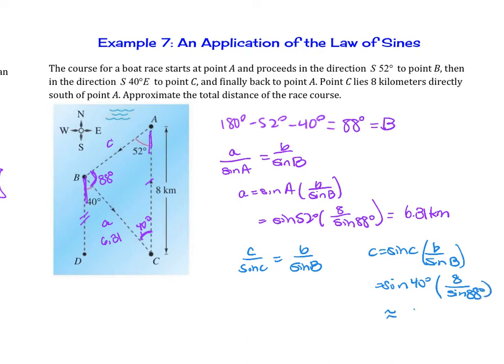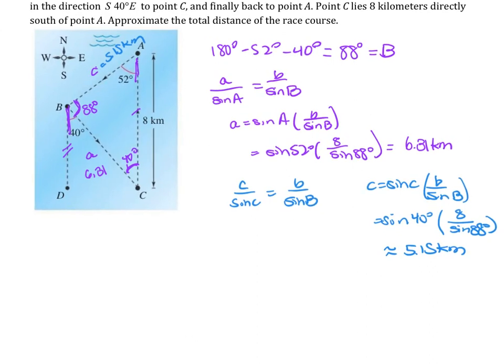And so that is approximately 5.15 kilometers. So now to find the total distance, you add it all together. The distance is going to be 8 plus 6.31 plus 5.15, and so the distance is approximately 19.46 kilometers.